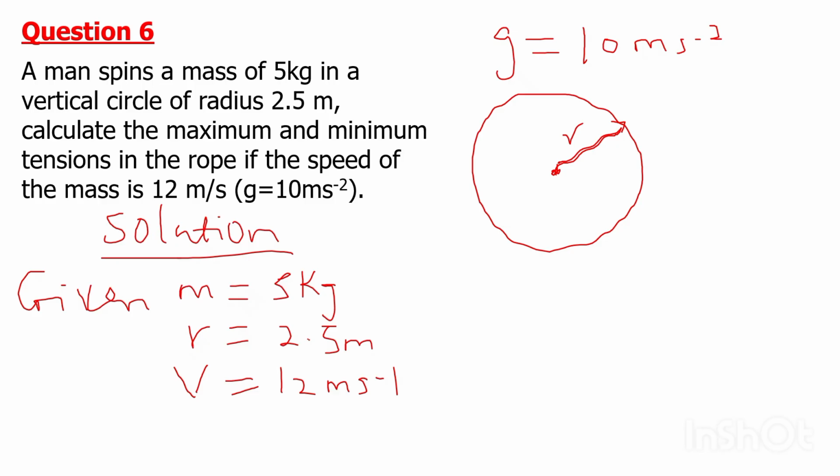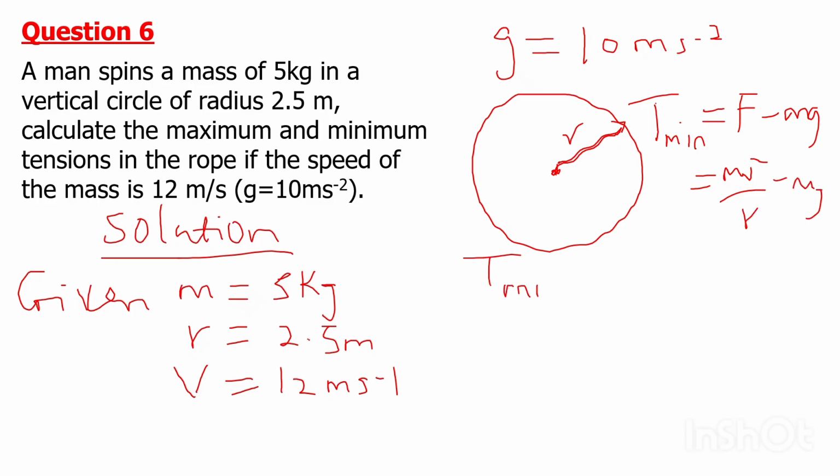For the minimum force, T minimum will be, the tension will be force minus mg. That will be mv squared over r minus mg. So let's substitute to get the minimum force.